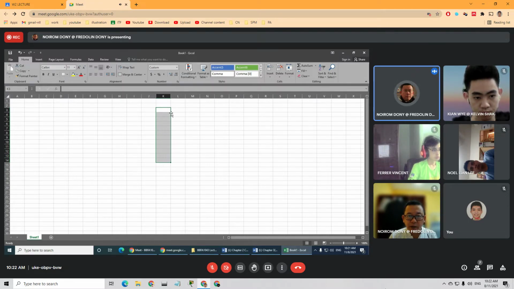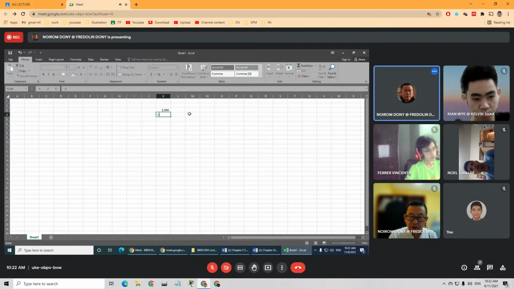So I decrease. Let's say I put 5,000. It will appear like this, 5,000 automatically. And if I want to put this as negative, I just type minus 5,000. It will automatically bracket.